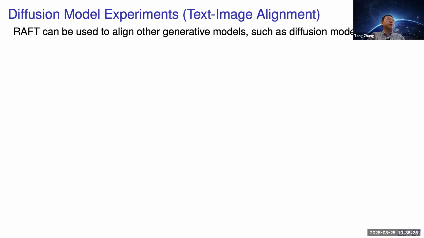Therefore, you couldn't easily get a probability model out of a diffusion model, which is used for image generation. But as long as you have a reward model, you could use a Raft type of method. So I could use this quite a bit in the setting of images. This one is an example of text-image alignment. The key is that Raft does not require a probability model, only generation plus filtering using a reward. Whether your generation is a probability model or not doesn't really matter.